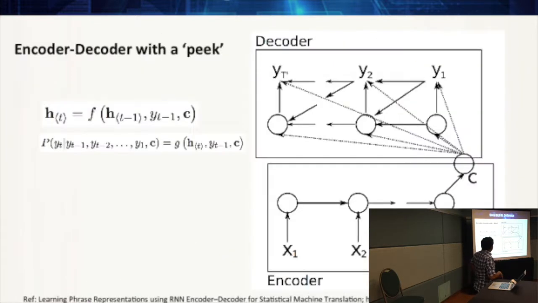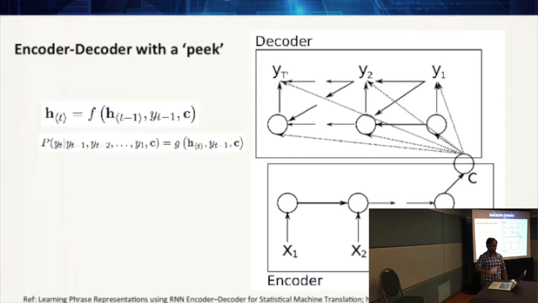Okay, so there's one paper published here which said that instead of just having an encoder and decoder where, when you are decoding, you depend on the encoder's hidden state only once, can I look at the encoder hidden state at every timestamp?